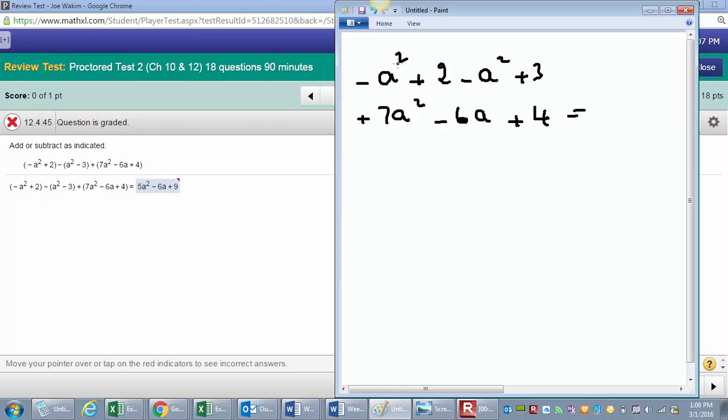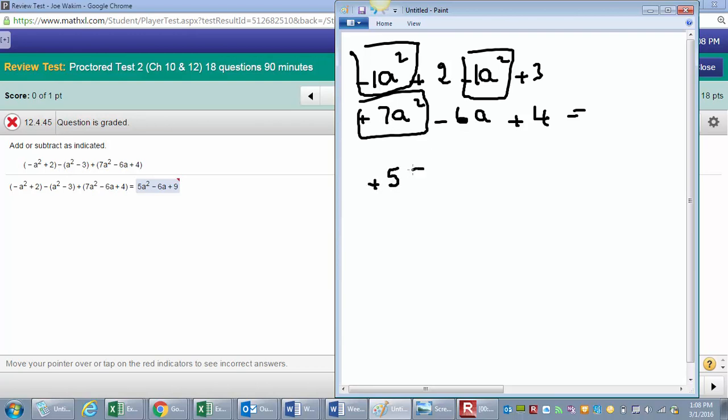So here we have to add like terms. This one and this one are called like terms. So negative 1a squared is negative 2a squared. Plus 7a squared, that's going to be plus 5a squared. So again, negative 2 plus 7 is plus 5a squared.